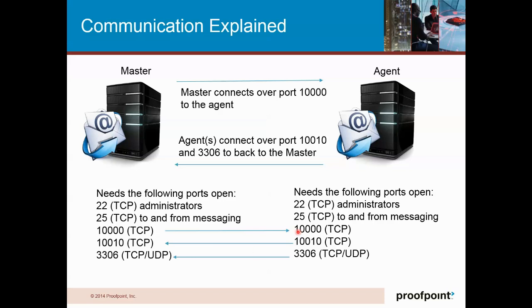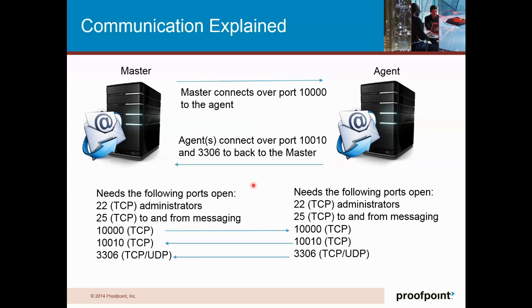Now let's take a few minutes to talk about the communication from the master to the agent. As you can see above, the master is going to communicate over to the agent over port 10,000. The agent then would communicate back to the master on port 10,010 as well as 3306.